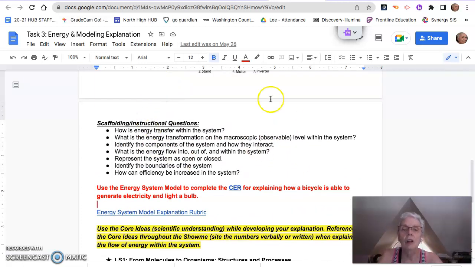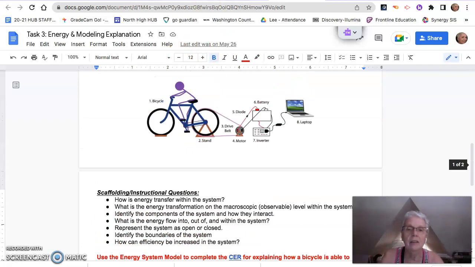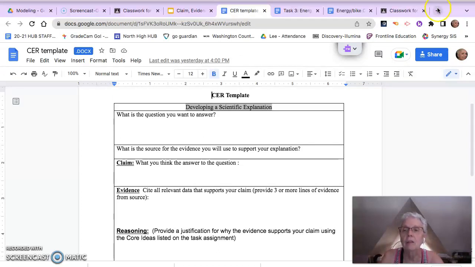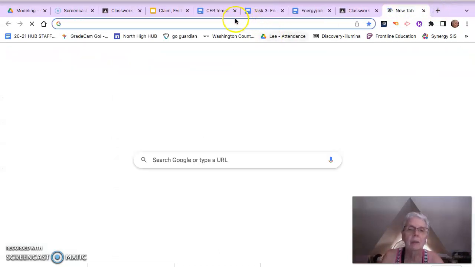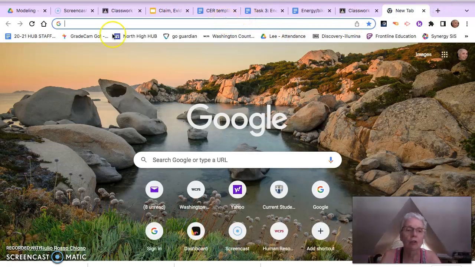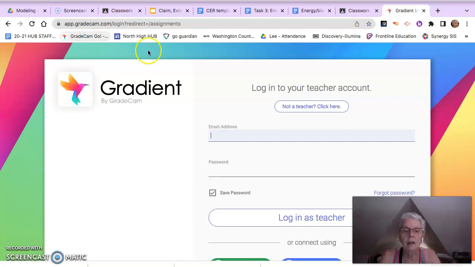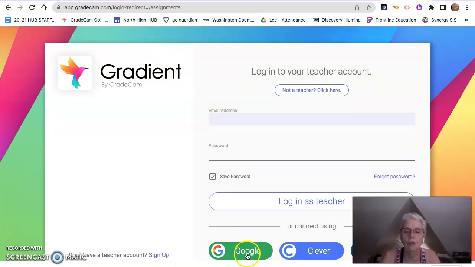Now, not only are you going to do this on the template, but I'm also going to have you go to GradeCam and do this as well. So let's go to GradeCam. When you sign in, of course, you'll just use your Google sign in.